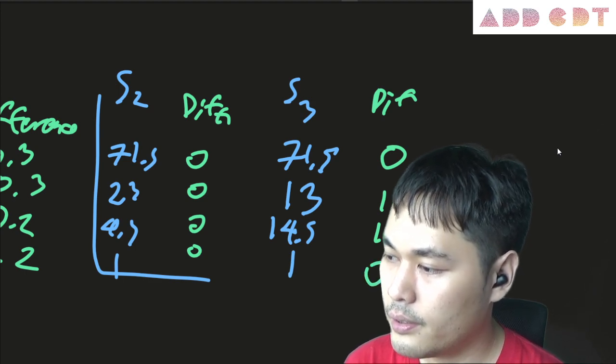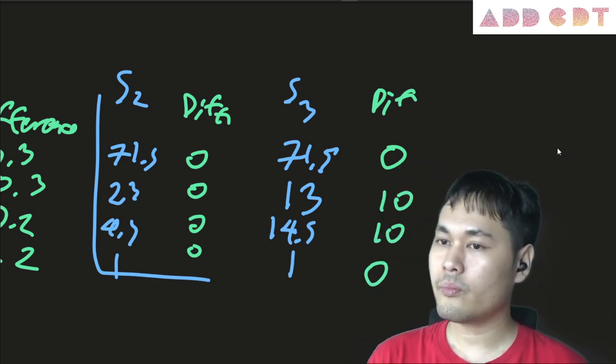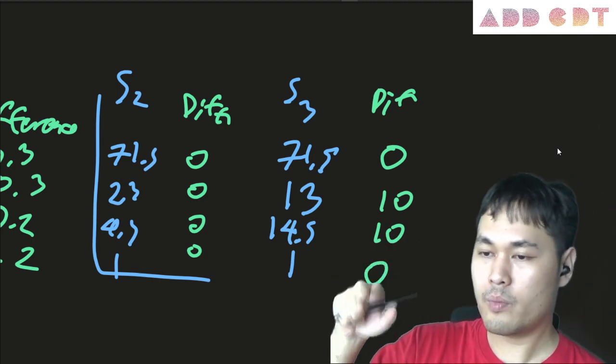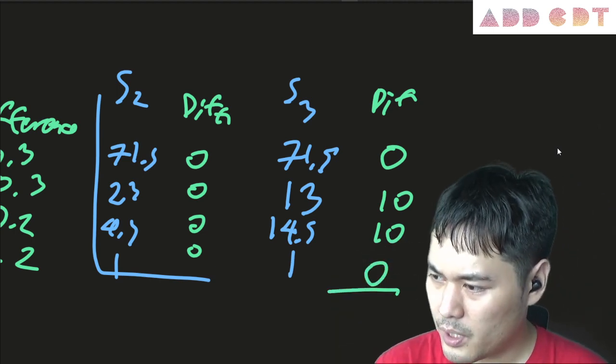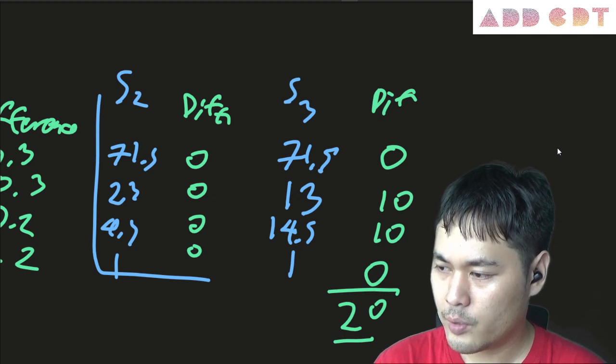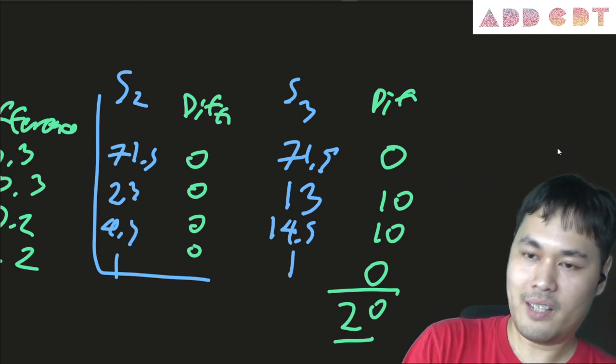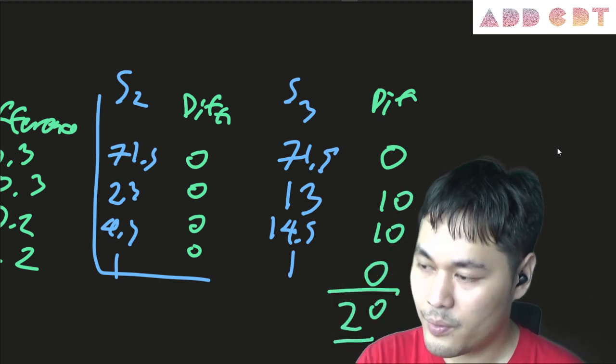This is 10, 10, and 0. Right. But in this case, these two categories differ too much, and that will give us the sum of like 20. Intuitively, 20 looks too high, like that differs way too much.